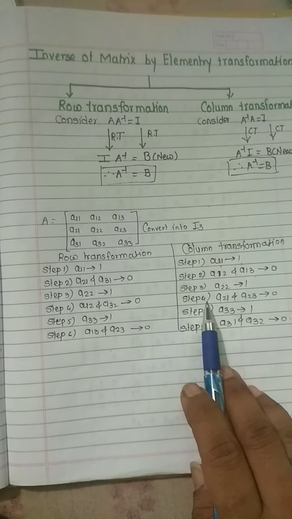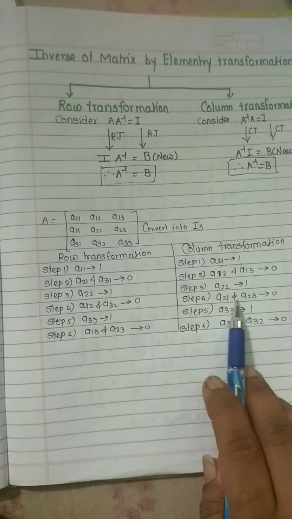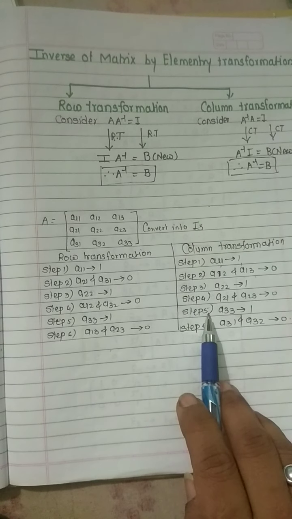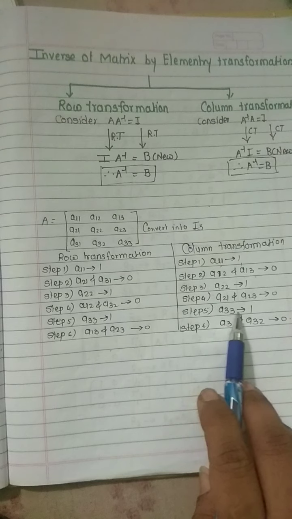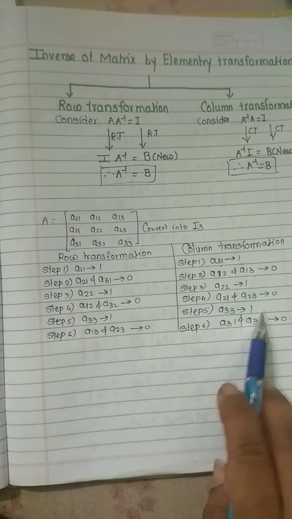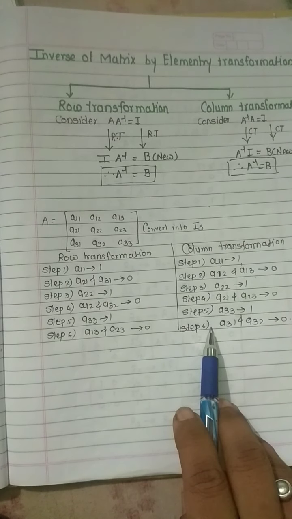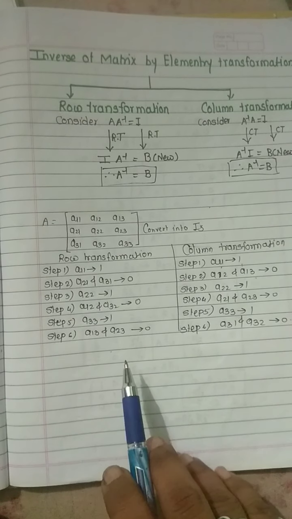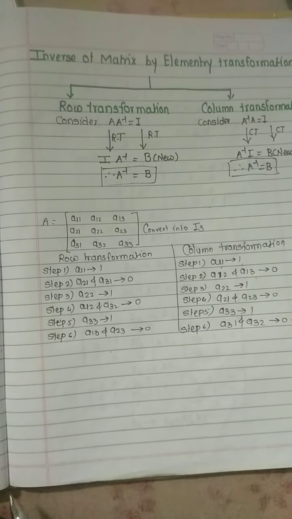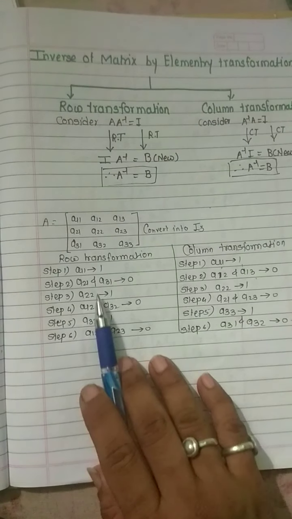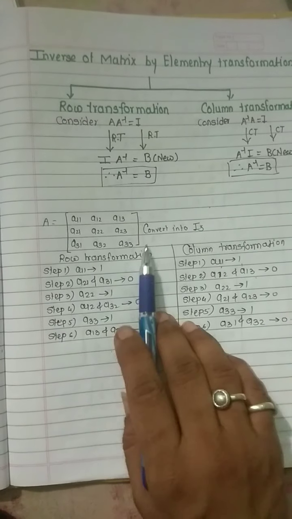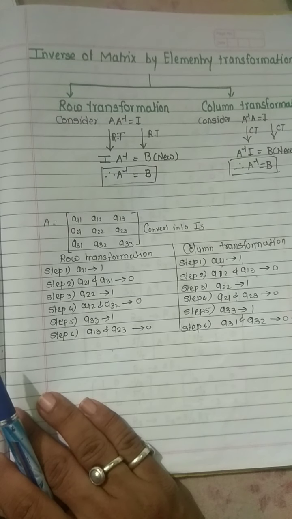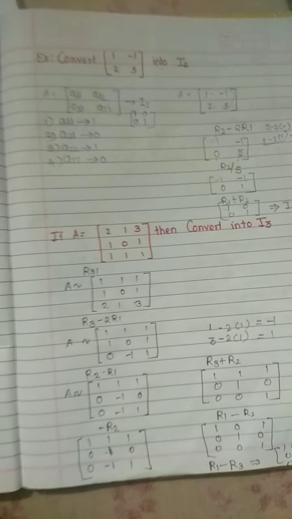Step 4, reduce A21 and A23 to 0. Step 5, reduce the A33 position element to 1. And step 6, reduce A31 and A32 elements to 0.